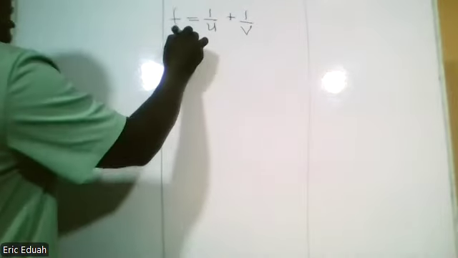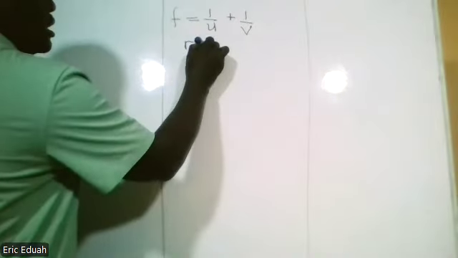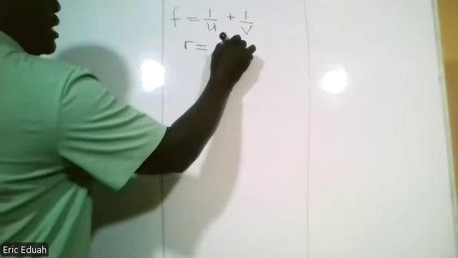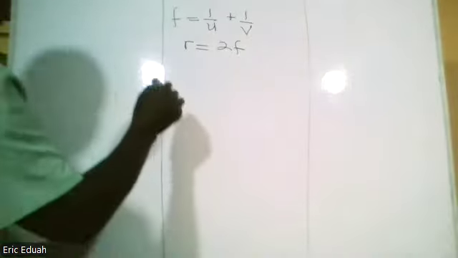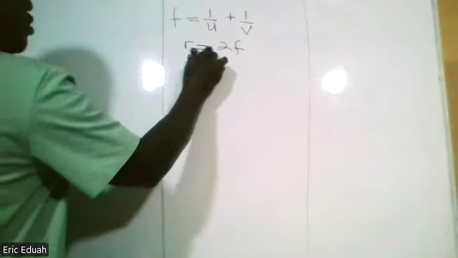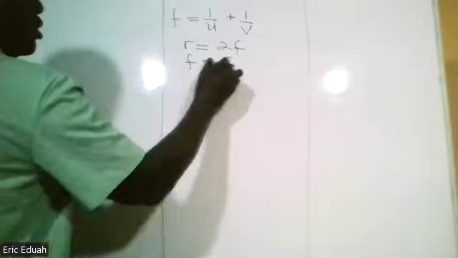We came to the realization that radius of curvature, which is equal to 2 times F, meaning we can rebrand this so that F will be equal to R on 2.